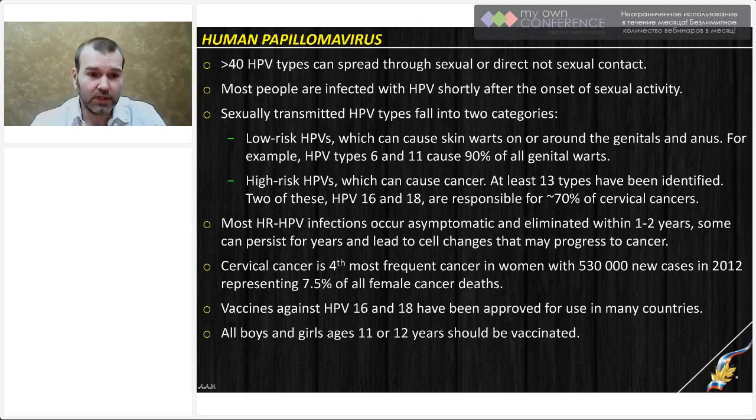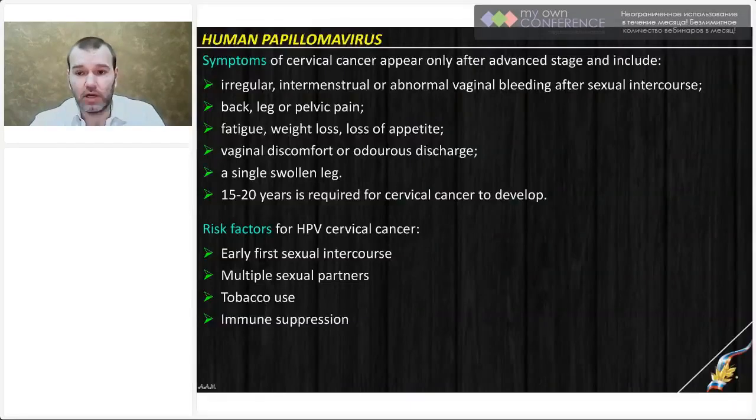In our country, that vaccine is not approved. In your country as well, that vaccine is absent, but it is available in different types of pharmacy. If you would like to vaccinate yourself or your kids, you can buy that vaccine and use it.